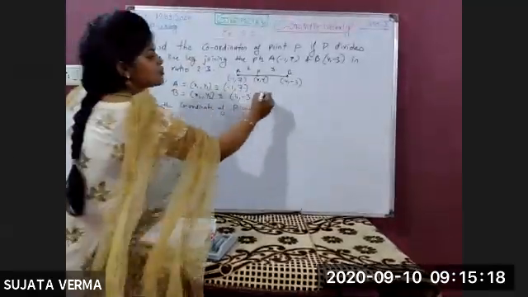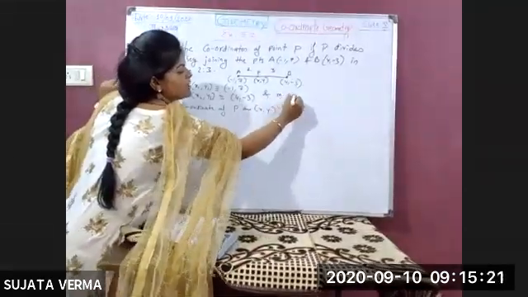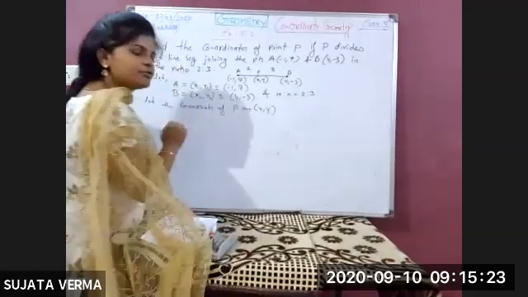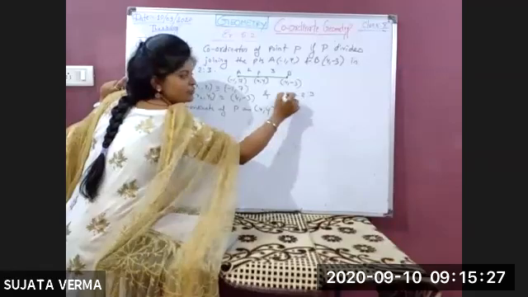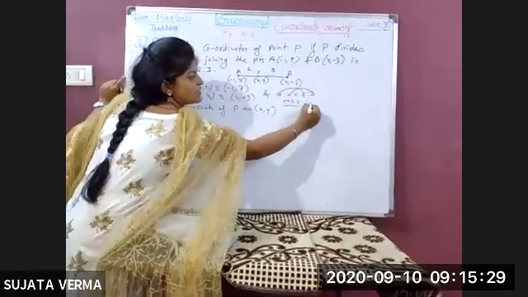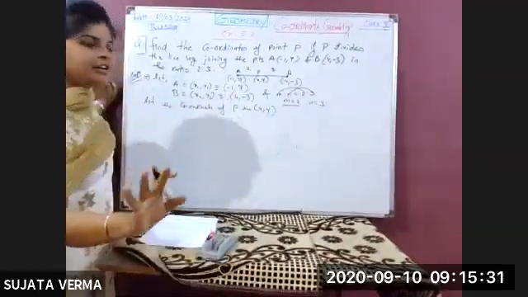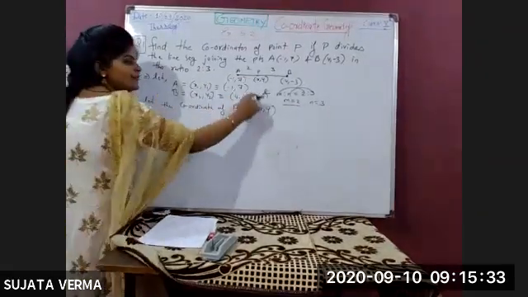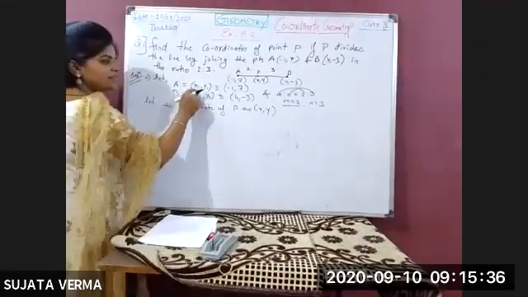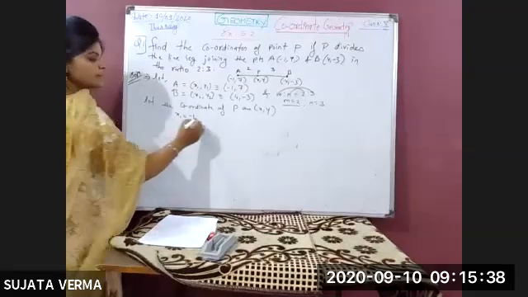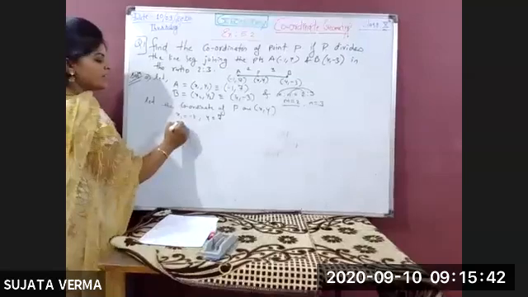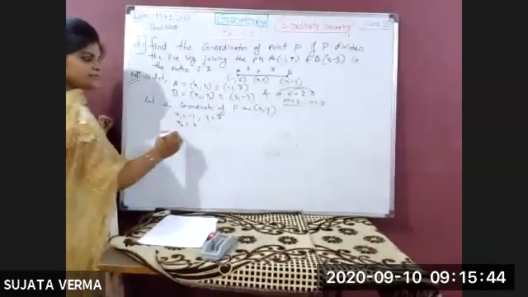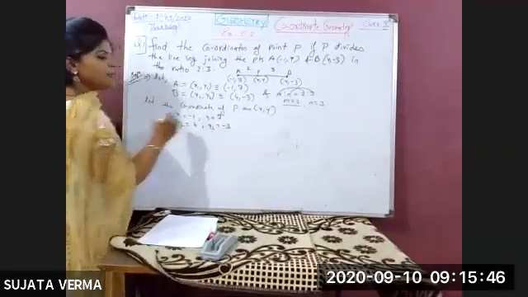And the ratio m:n is equal to 2:3. That means m is equal to 2 and n is equal to 3. Clear? Now, from this we get x1 is equal to minus 1, y1 is equal to 7, x2 is equal to 4, y2 is equal to minus 3.